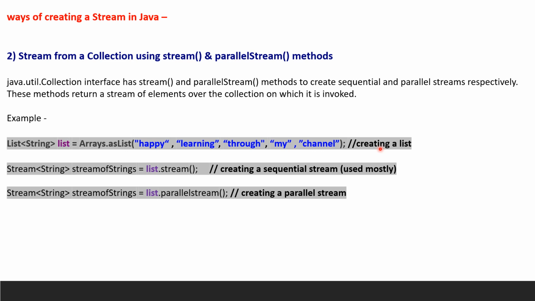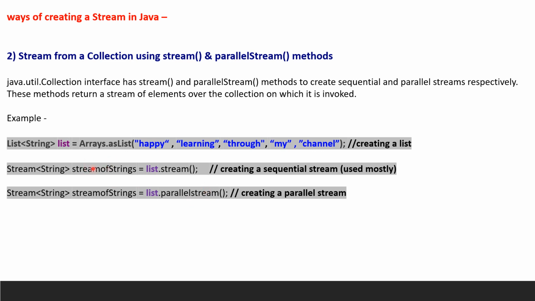How are we going to create a sequential stream and a parallel stream out of this list? It is simple: Stream of String is equal to the list we have declared, and we just call the stream method. If you call only the stream method, it will create a sequential stream for us, which we most often use. And if you are dealing with a large amount of data, then we go for parallel processing, that is the parallel stream.